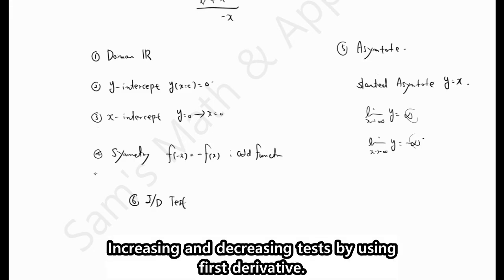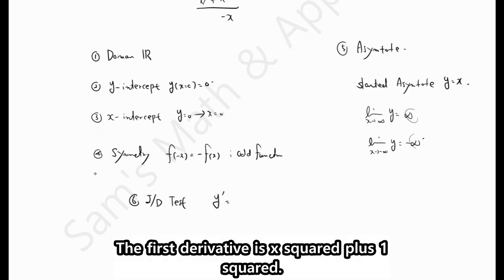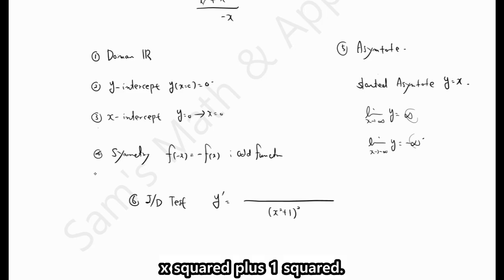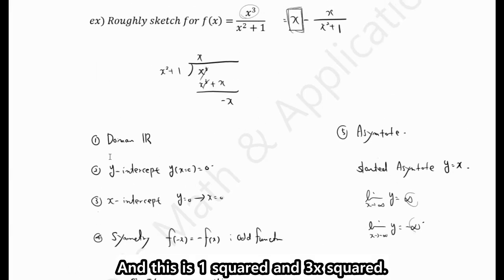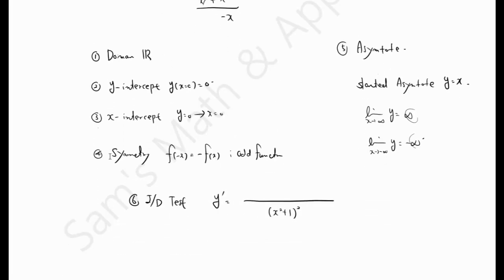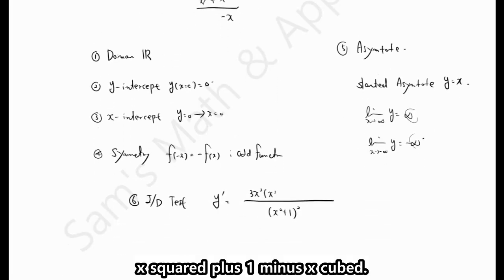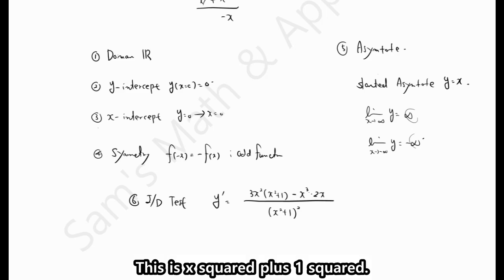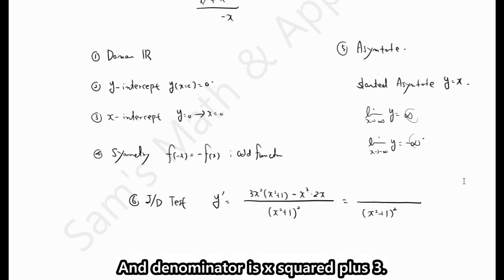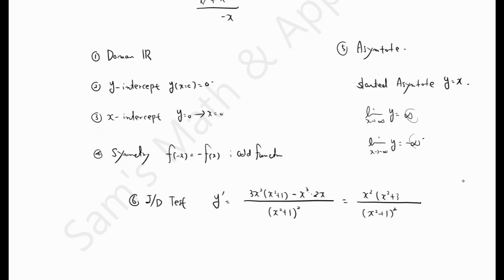The next step is the increasing and decreasing test by using the first derivative. The first derivative is ((x squared plus 1) times 3x squared minus x cubed times 2x) over (x squared plus 1) squared. The numerator simplifies to x squared times (x squared plus 3), over (x squared plus 1) squared, and it is always positive.